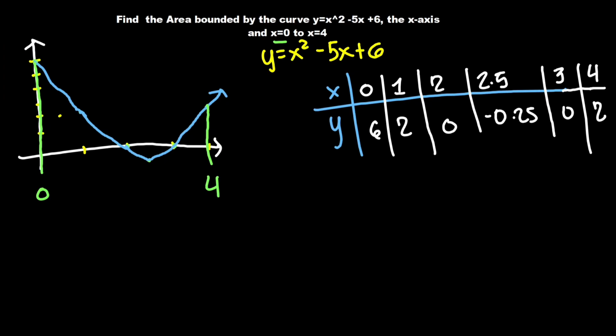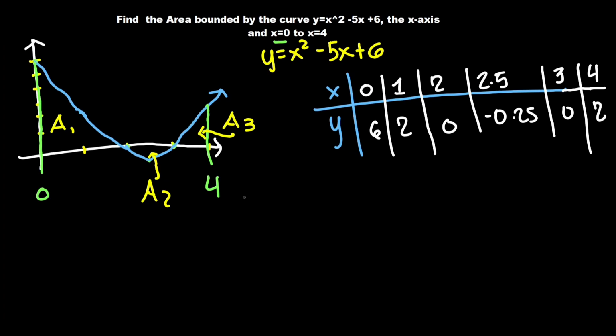So let us call this area 1, area 2, area number 2, which is this area, and area number 3, which is this area.